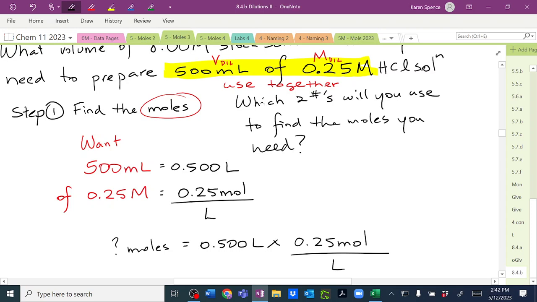So we have 0.5 times 0.25 equals 0.125 moles. That's how many moles I need to make my final diluted solution.